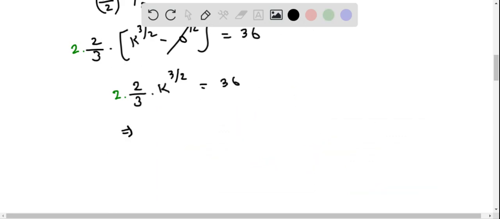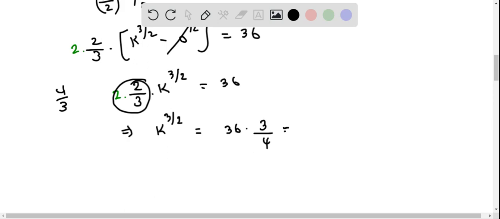So k raised to the power of 3 by 2 equals 36 times 3 fourths, since the factor is 4 thirds. I can cancel this by 9, and 9 times 3 is 27. So we have the equation k raised to the power of 3 by 2 equals 27.